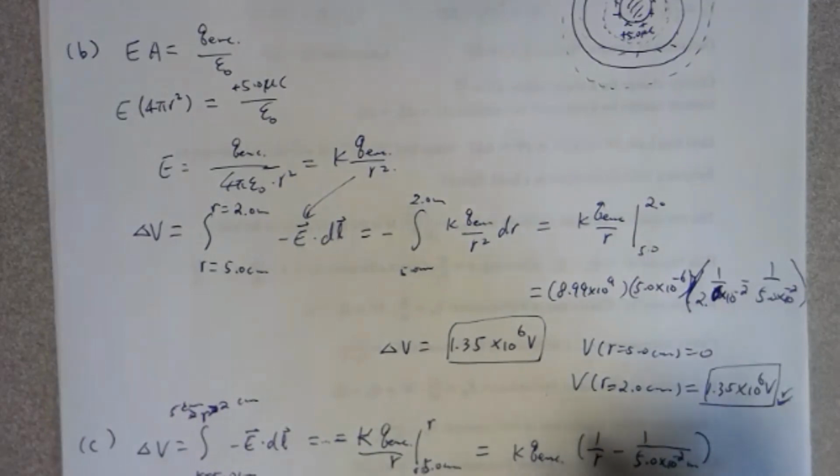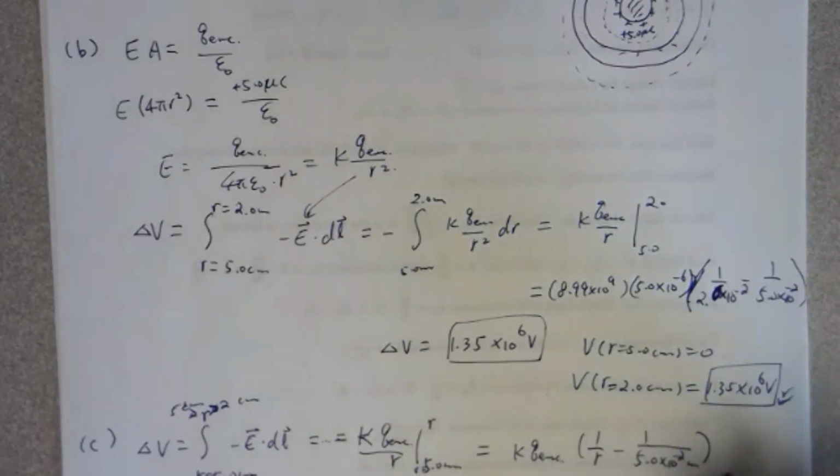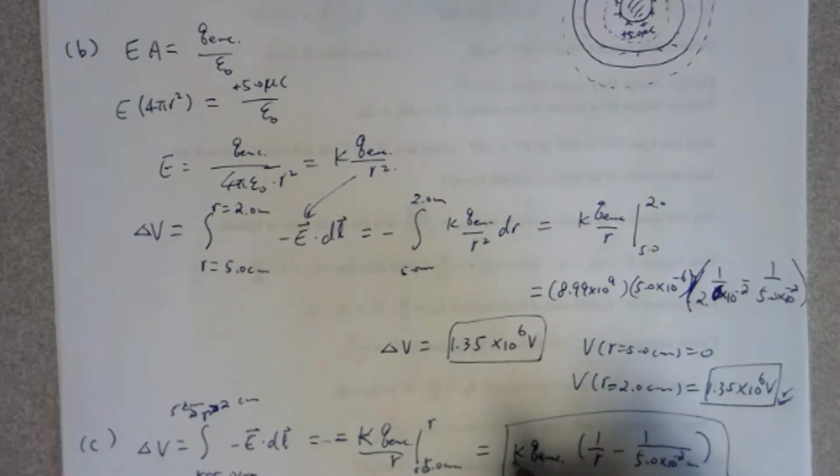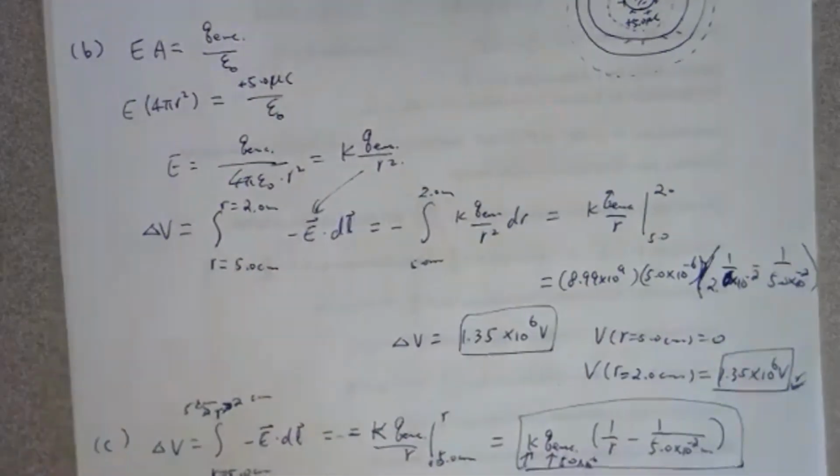So I think this would be just an expression, and then you can plug in the numbers here: 8.99, and this will be the 5.0 microcoulombs, 10 to the minus 6. Okay? So for that one.